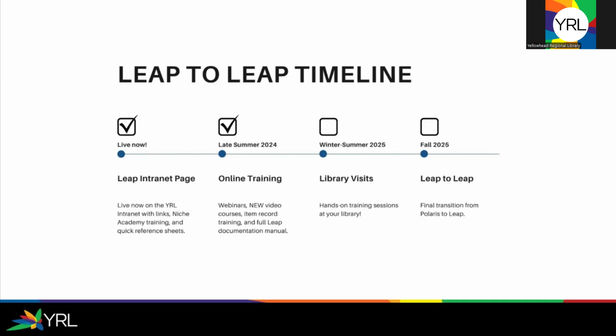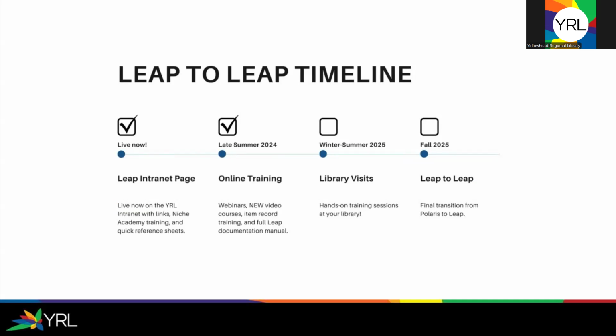So what we're doing with this project is we're spending the time between now and then letting all the staff in the region know about these changes. We're preparing resources and training to help staff make the change, and also to support and troubleshoot any issues or concerns that may come up during this transition. So this is our Leap to Leap timeline, and we are in the beginning of phase 3.